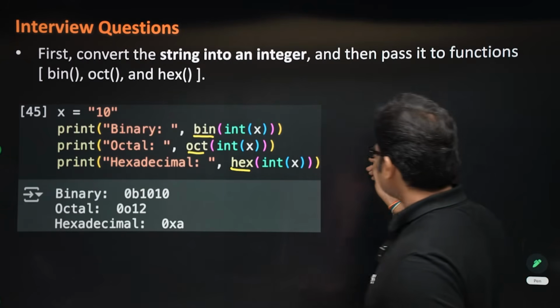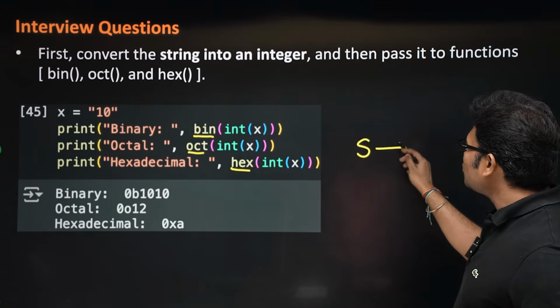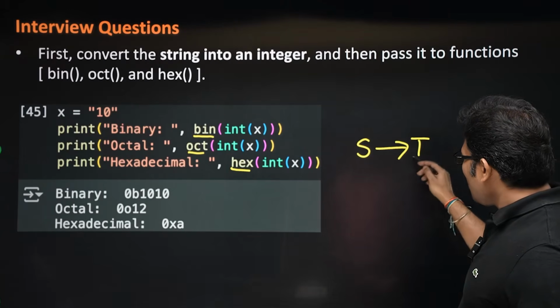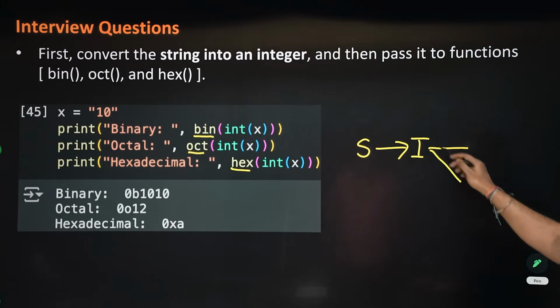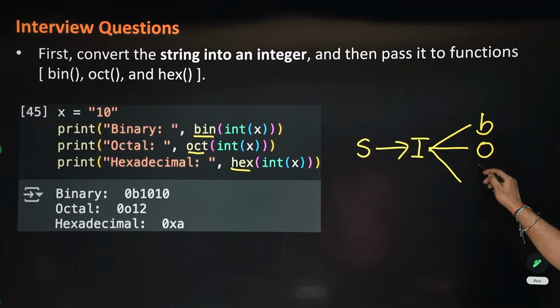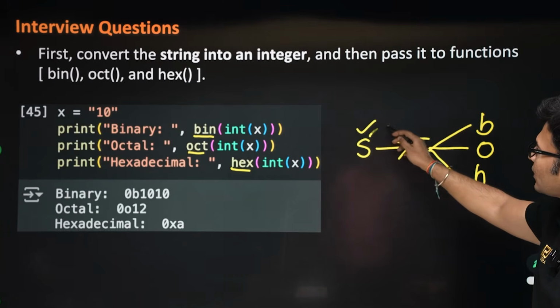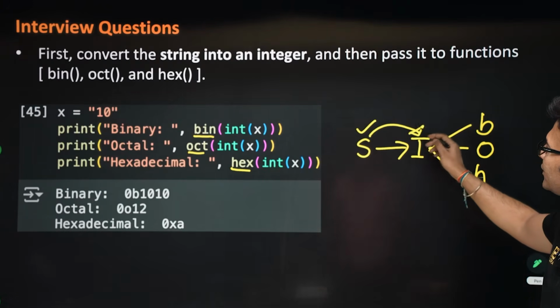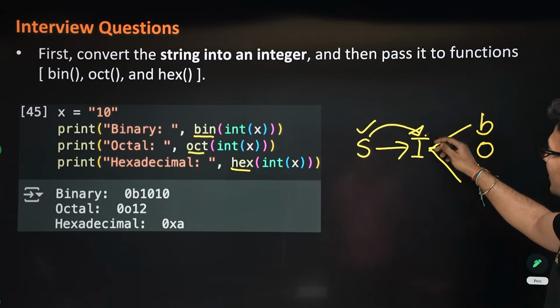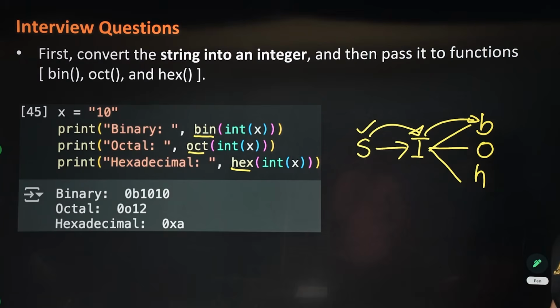What you can do is, you can first take a string, convert it to an integer, and from the integer you can convert anywhere: either to binary, or to octal, or to hexa. So from a string, take it to integer, and from an integer you can convert to any one of them. This is a very popular interview question.